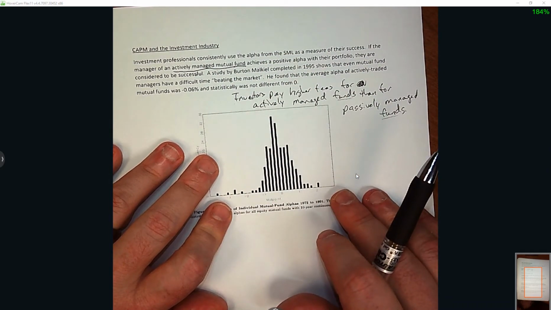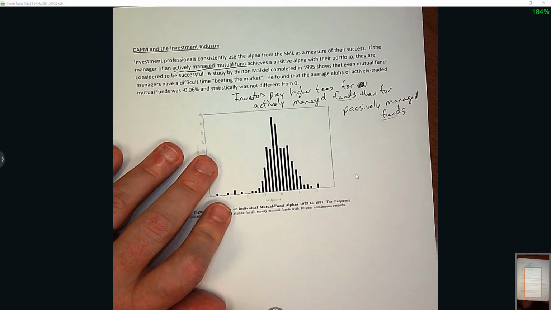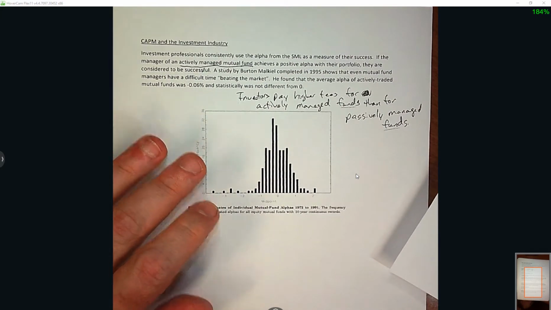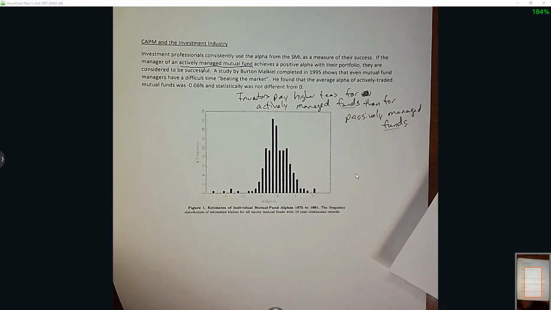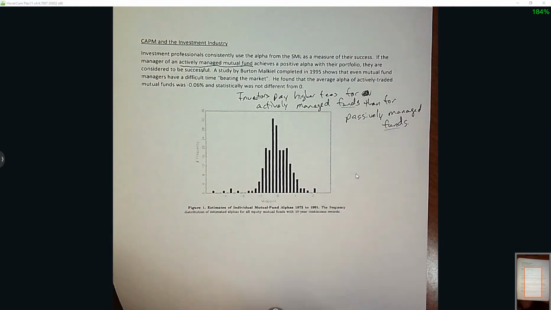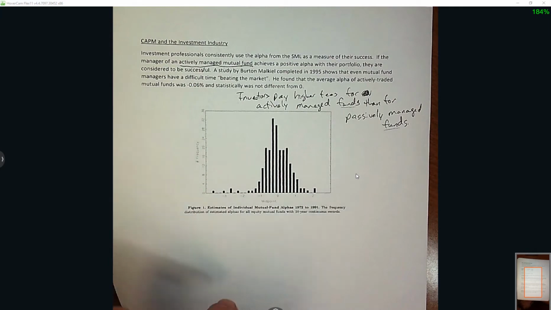Oftentimes these active managers will go out and they'll visit businesses, they'll visit locations, they'll visit the companies that they're looking at. I had an opportunity several years ago to work with a group of students who did a competition called the CFA Global Investment Research Challenge, and we acted as kind of like an active mutual fund manager would.